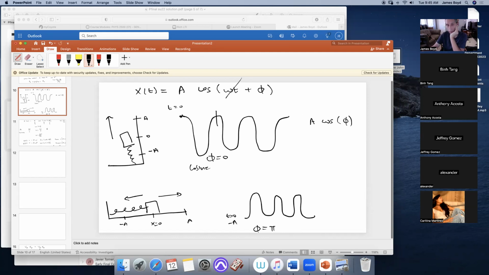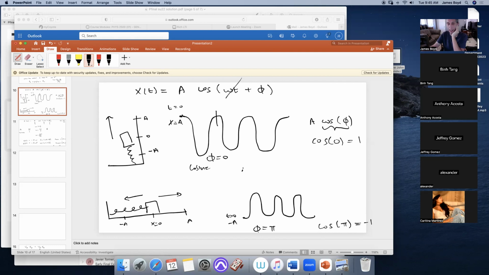In order for x to equal A at time 0, phi would have to be 0 or 2 pi. When phi is 0, cosine of 0 is 1. Cosine of pi in radians is -1. So if I want to start at t equal to 0 at -A, I need to choose phi to be pi.